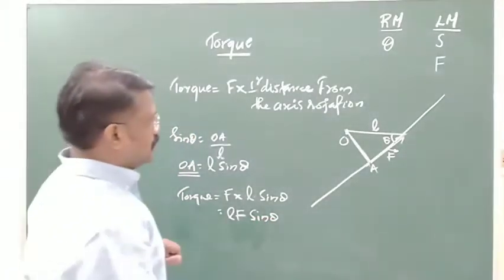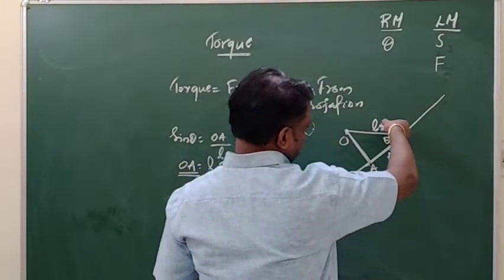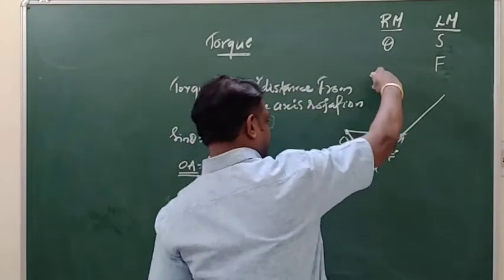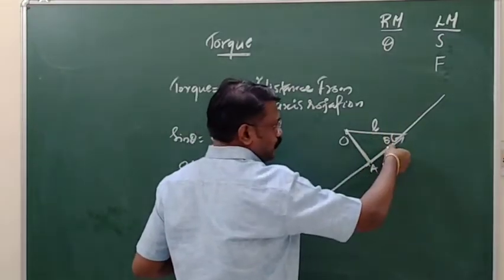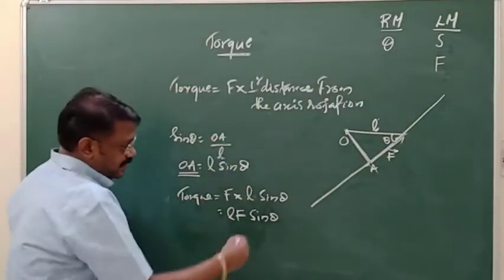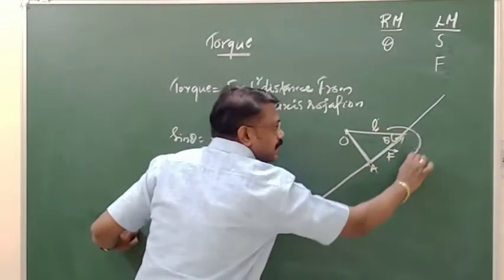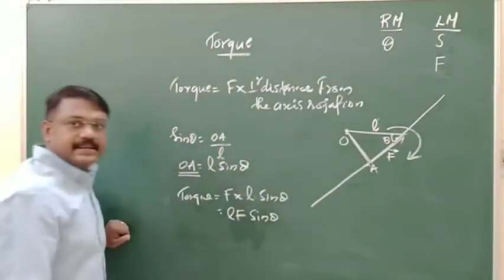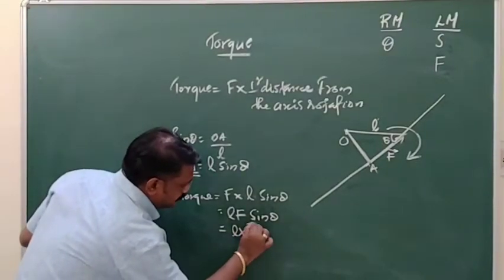Since you are taking R cross F, it is rotating in the opposite direction. This is acting in the anti-clockwise direction, so you have to take F cross L. When you are taking L F sin theta, the movement will be in the clockwise direction, so that will become L cross F.